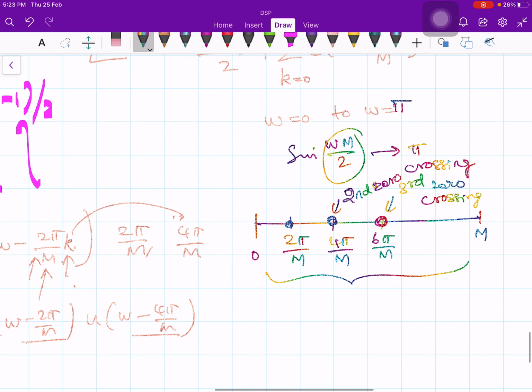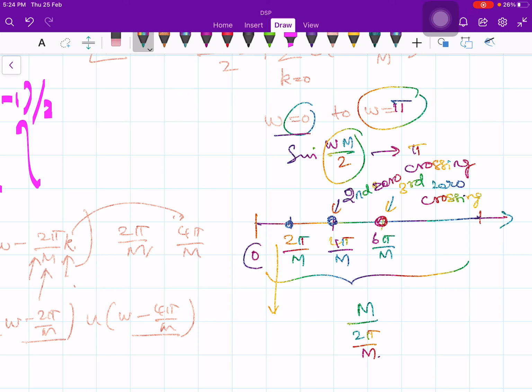So the total length is pi and the interval is 2 pi by M. I'm very sorry, this is pi, because our range of vision, as I said, is 0 to pi, right? This is my omega axis, so let me start from 0 and go all the way up to pi. Therefore the total length is pi, and each interval width is 2 pi by capital M.